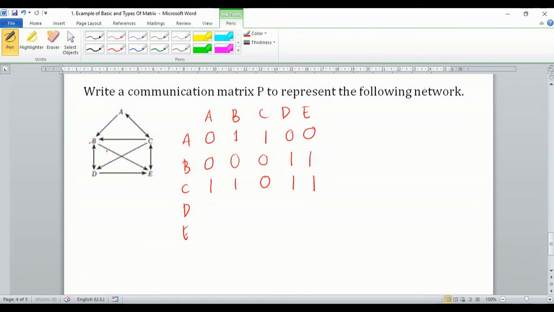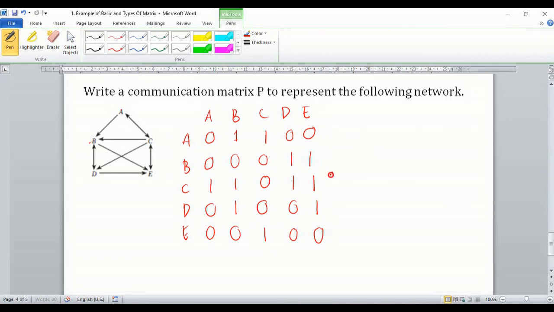Okay. How about D to A? D to A is 0. D to B is 1. D to C 0, D to D 0, D to E 1, E to A 0, E to B 0, E to C 1, E to D 0, E to E 0.